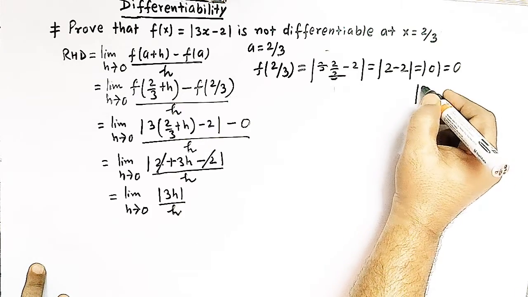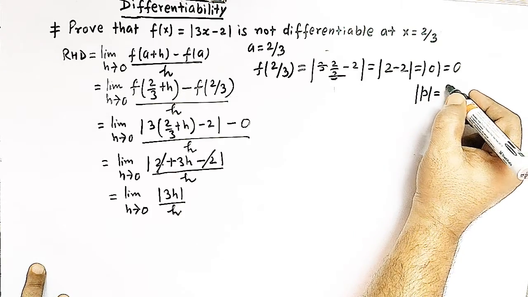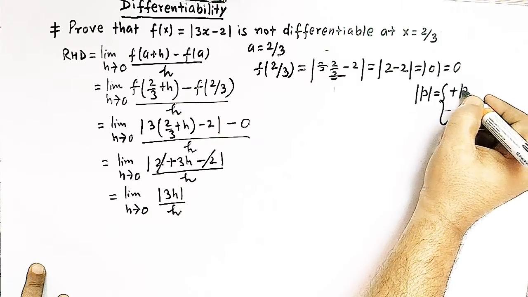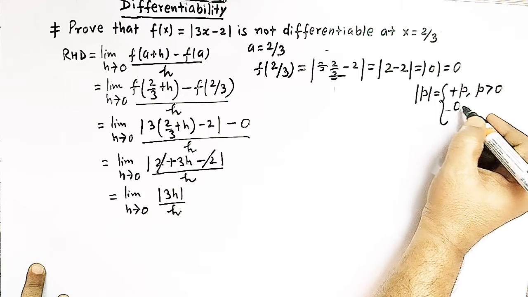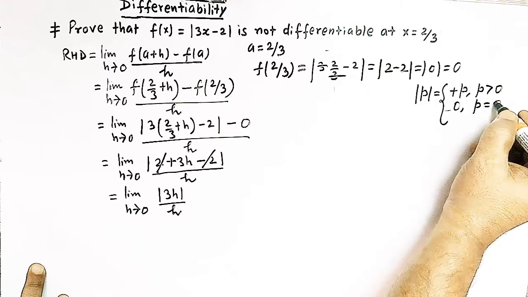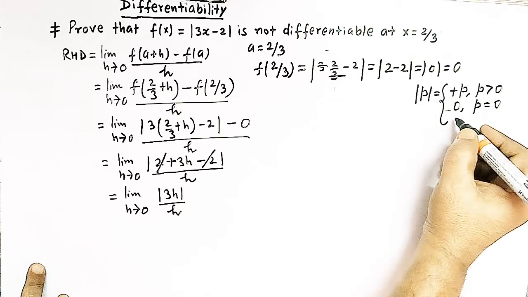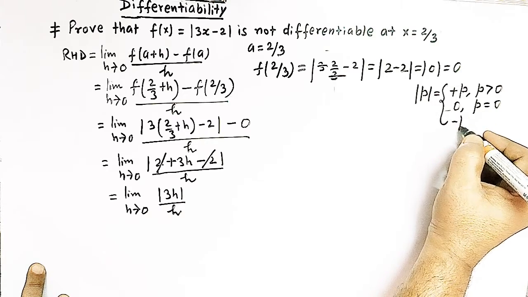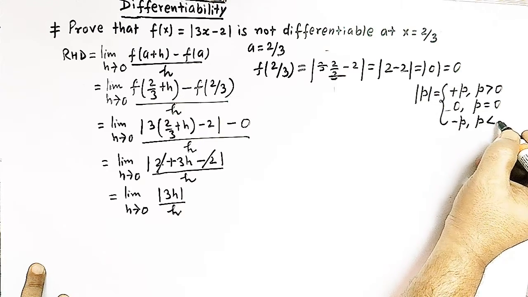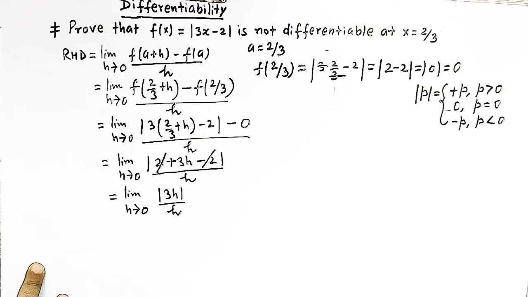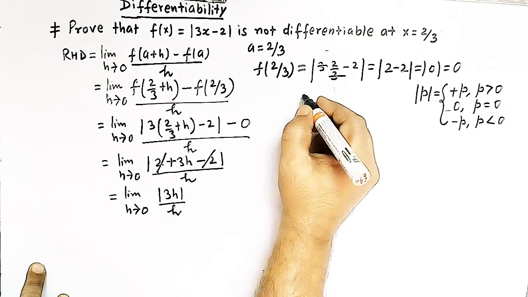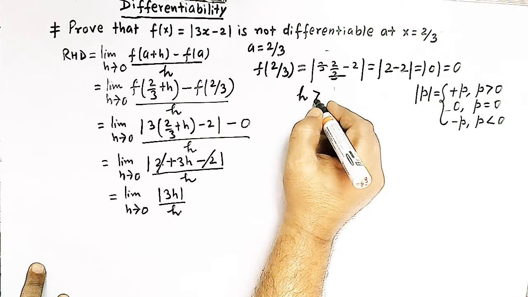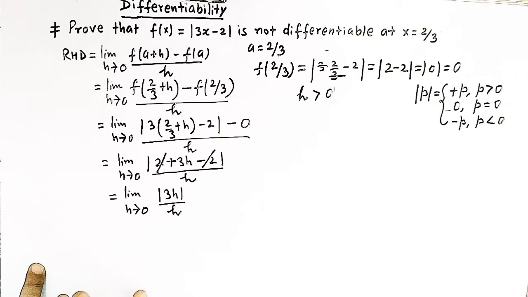Now mod of p is defined as positive p when p is greater than 0, mod of p is equal to 0 when p is equal to 0, and mod of p is equal to negative p when p is less than 0, right? Now see, here this quantity h is a positive quantity, and it is infinitesimally very small, right?